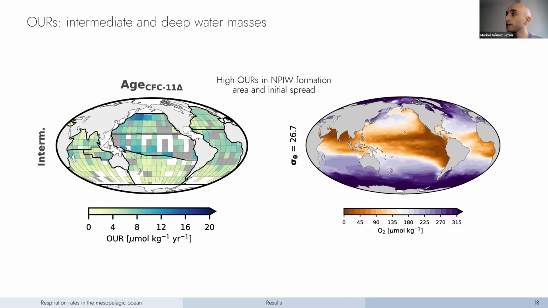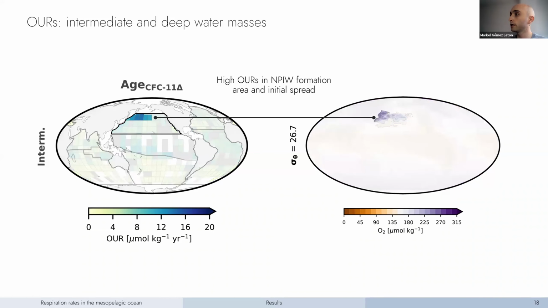Another example illustrating this is the case of the North Pacific intermediate water, which is formed in the Northwestern Pacific, specifically in the Sea of Okhotsk in winter. As this water mass is formed, it ventilates this depth range in the North Pacific, as can be appreciated on the map on the right by the high oxygen concentrations there.